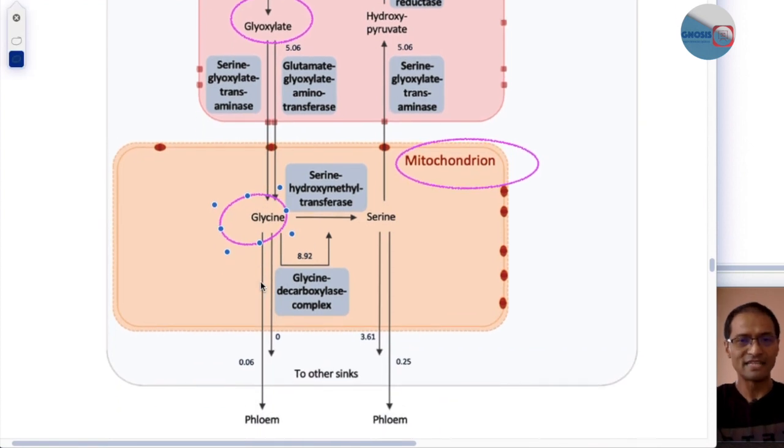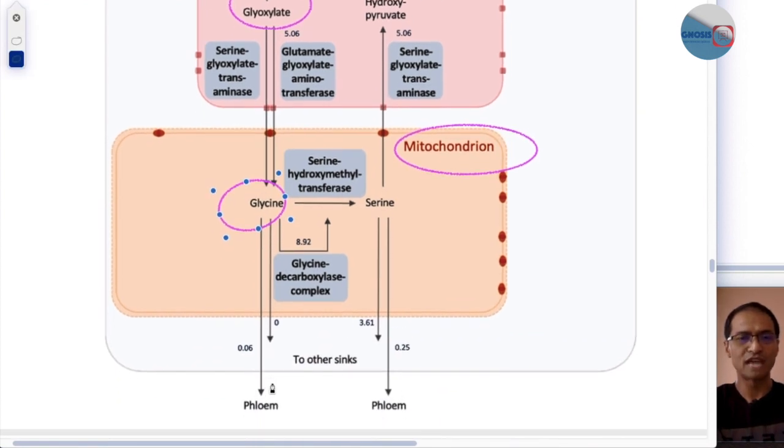And this glycine is then either exported out towards the phloem, or it is converted by serine hydroxymethyltransferase into serine. So glycine is converted to serine in the mitochondria.